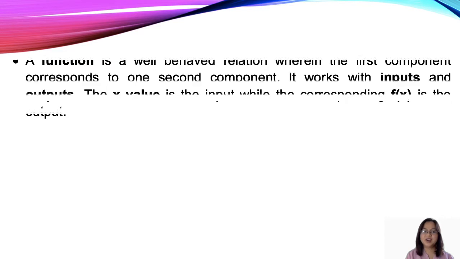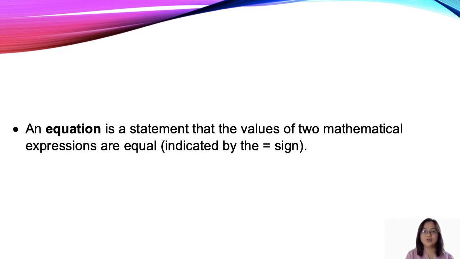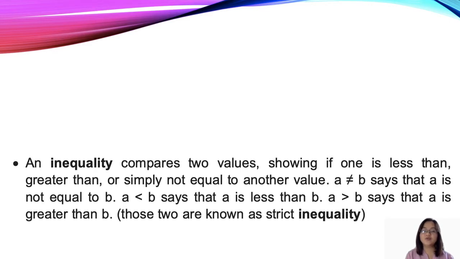Next, an equation is a statement that two mathematical expressions are equal. In this case, we will be talking about exponential expressions. Next, an inequality compares two values. These two values are known to have a strict inequality, wherein one could be less than, greater than, or simply not equal to.